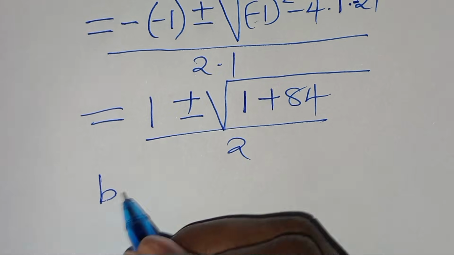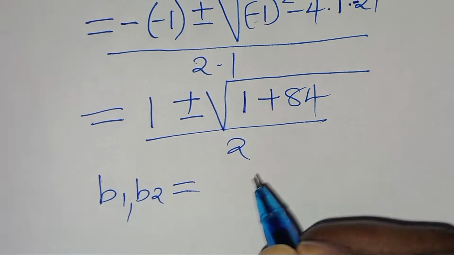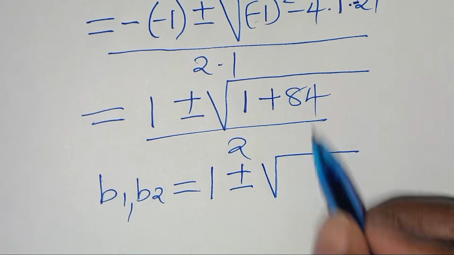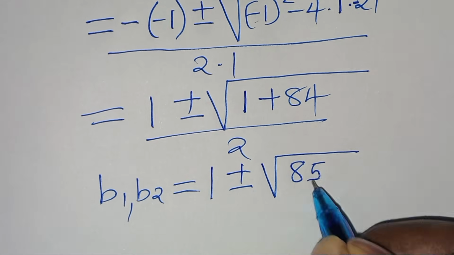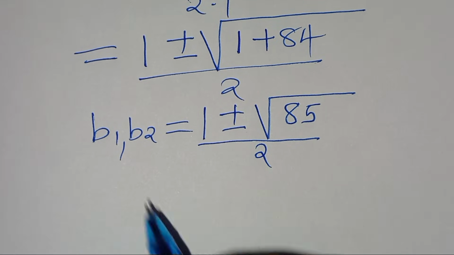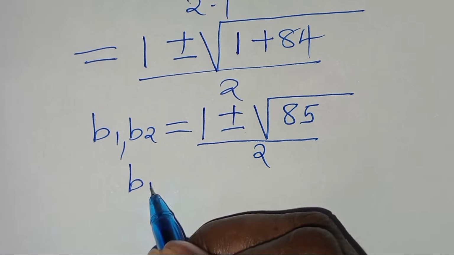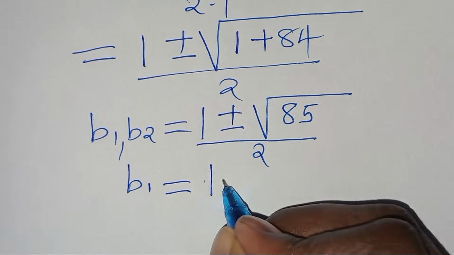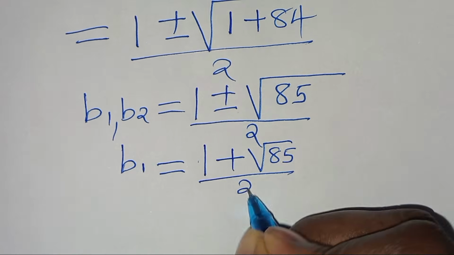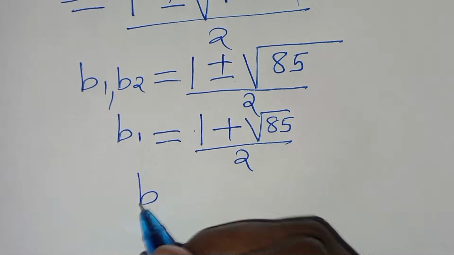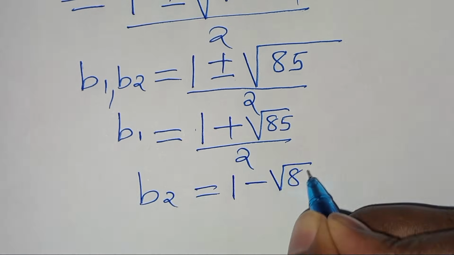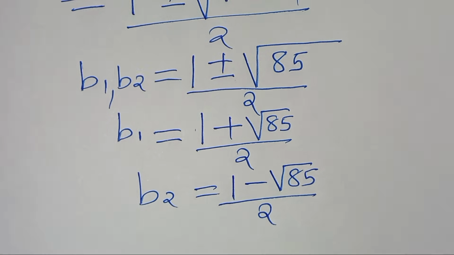So we have that b1, b2, this is equal to 1 plus or minus the square root of 1 plus 84. This is square root of 85 divided by 2. So we have b1 is equal to 1 plus square root of 85 divided by 2. And we have that b2 is equal to 1 minus square root of 85 divided by 2.